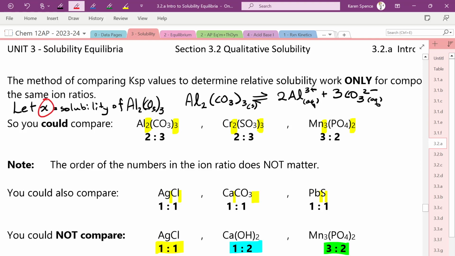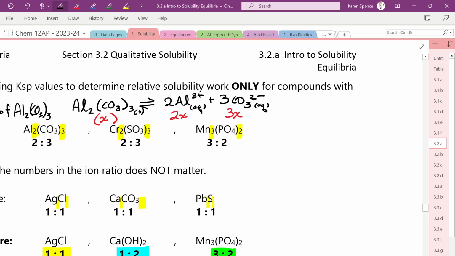Now, if X is the solubility, we have X. What is the concentration of Al3+? 2X. And CO3 2- is 3X.